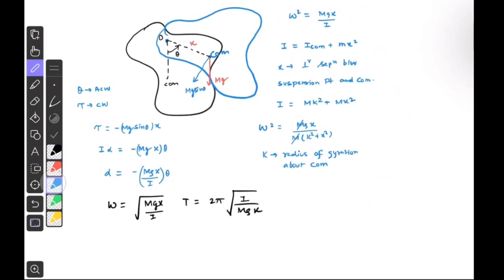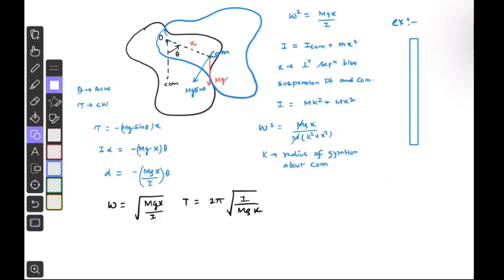So for just a simple example, if I give you a uniform rod suspended about one of the ends, uniform rod means center of the mass will be lying at the geometric center of this rod. So what really the x is going to be here? x will be L by 2, no?